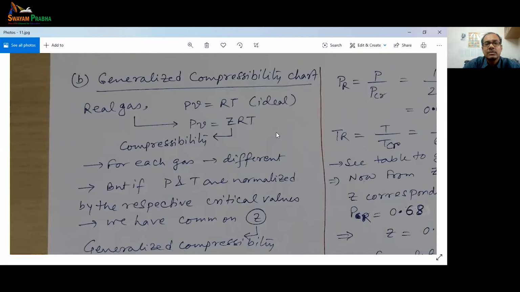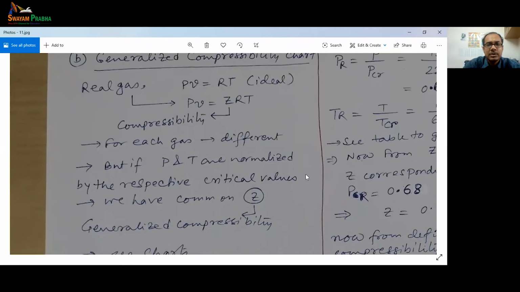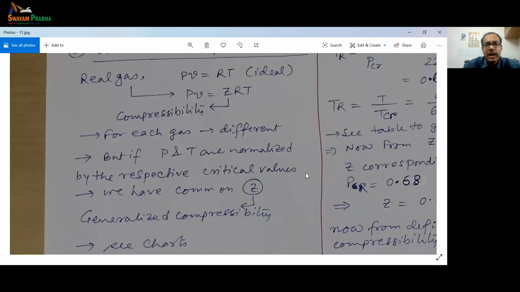Each gas will give you one chart for compressibility. But the beauty of this is that it can be generalized if we normalize pressure and temperature by the critical values of that particular material. If pressure and temperature are normalized by the respective critical values, then we have a common Z.